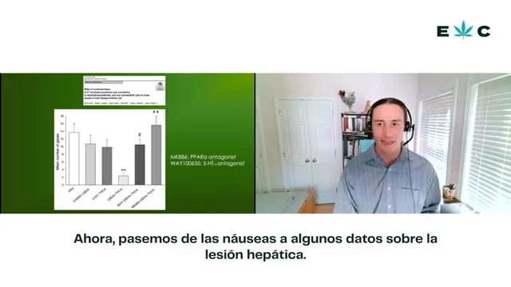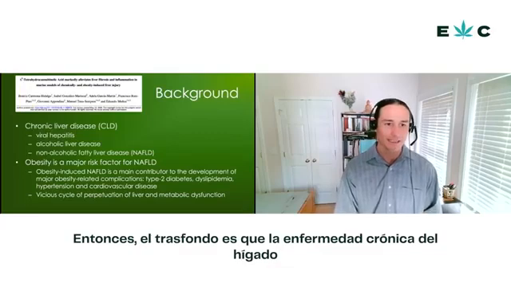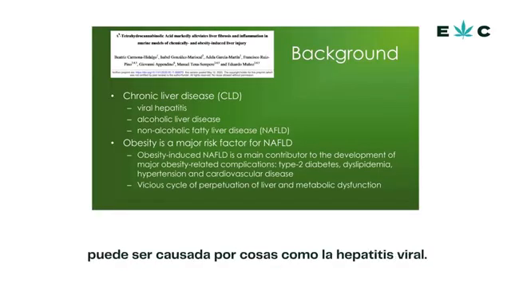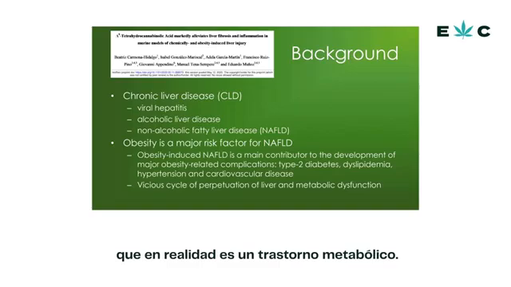Now let's move on from nausea to some data on liver injury. The background is that chronic liver disease can be caused by things like viral hepatitis, alcoholic liver disease, but also non-alcoholic fatty liver disease, which is really a metabolic disorder.